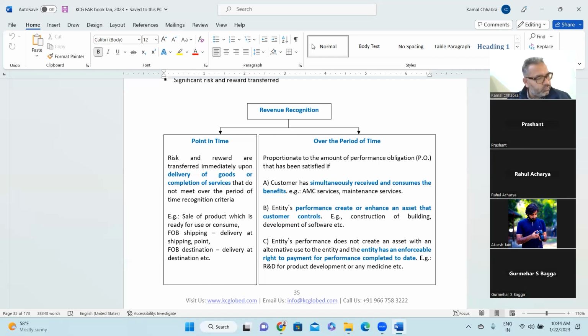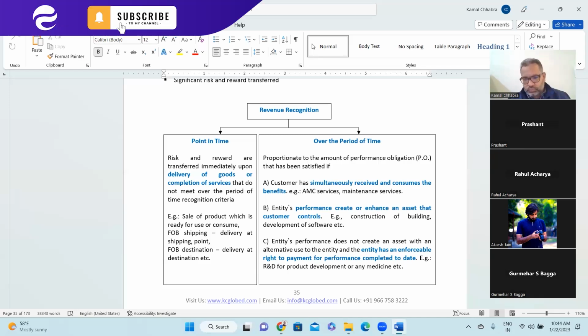Those are two different situations. If I am selling the plain shirt without the logo, the revenue should be recognized at a point in time. Otherwise, if I am putting the logo, it should be recognized over a period of time. No, the logo is not a significant part of the shirt, and it can be placed for any company, any brand at any point of time, and it is replaceable also.